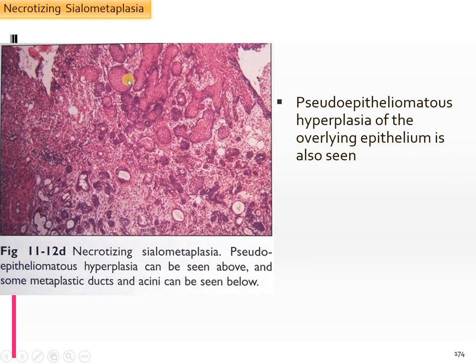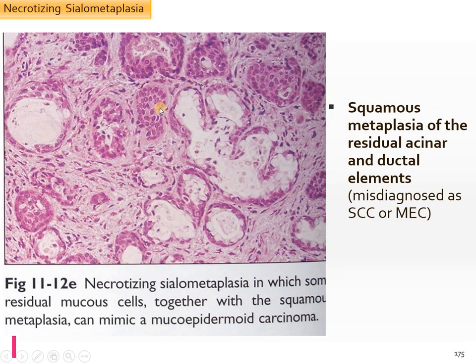The surface epithelium reacts by proliferating, giving rise to islands, and this resembles that of a squamous cell carcinoma, hence the name pseudoepitheliomatous hyperplasia. It resembles squamous cell carcinoma invading into the connective tissue, but in reality it is a reaction of the surface epithelium to the underlying entity. Here further, more islands that you see.